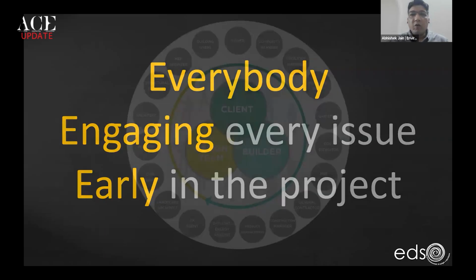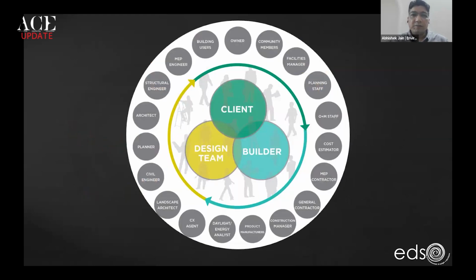design process. When we look at a design project, typically there are three key stakeholders involved in the design. First one is the client. He has his own ambitions and targets for the project. Then there is a design team which facilitates the targets to be achieved on ground for the client. And there is a builder who ultimately executes the work on the ground.